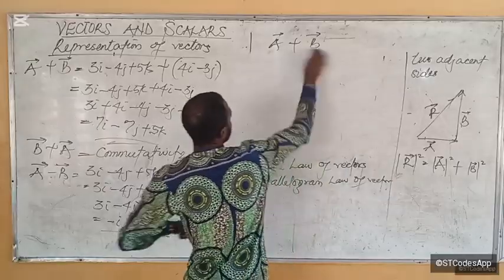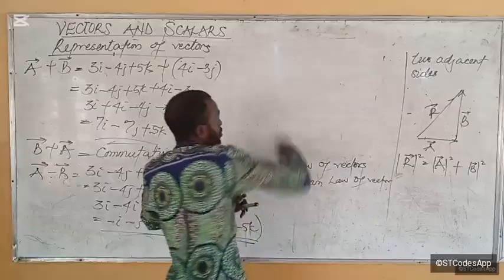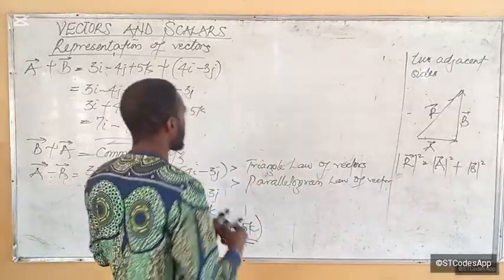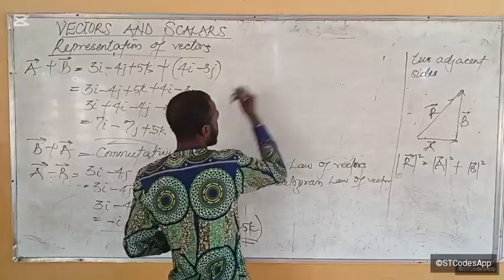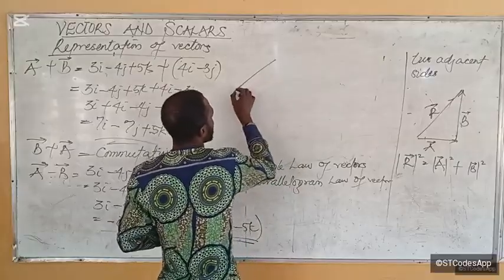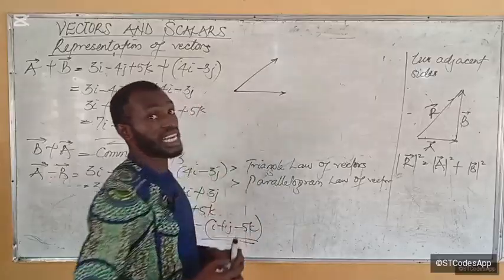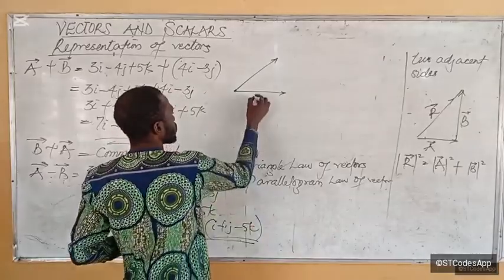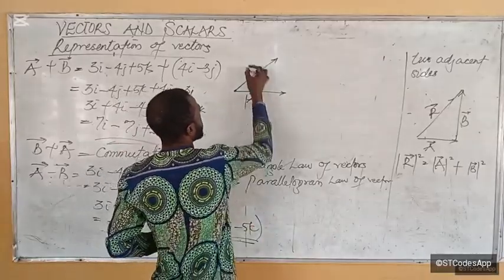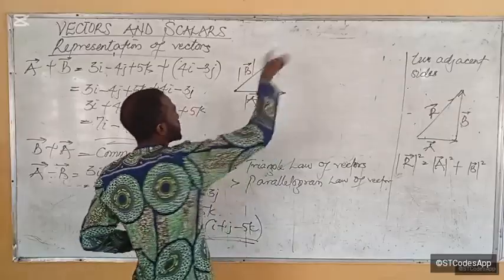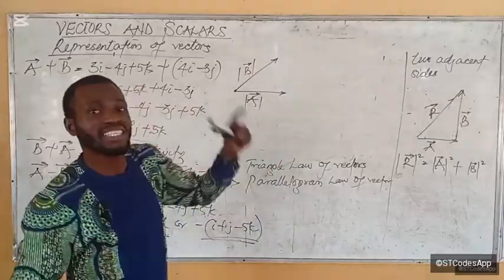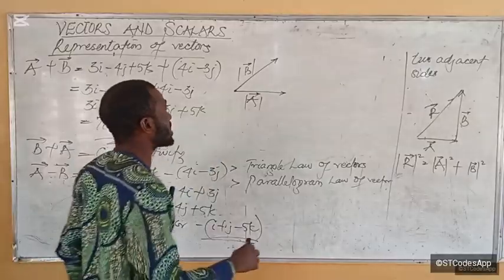Now, what about the parallelogram rule of vectors? This one is useful when the two vectors you are given do not align appropriately as along the adjacent sides of a right angle triangle.